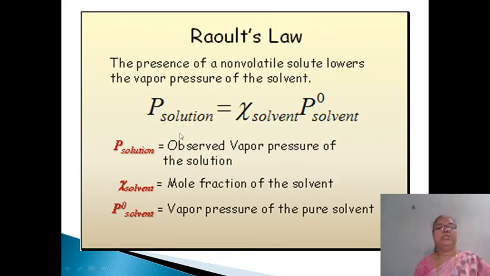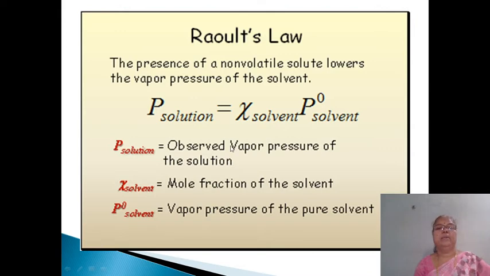the vapor pressure of solution, that means Ps, is equal to X solvent, this is the mole fraction of solvent, times P0, the vapor pressure of the solvent in a pure state.